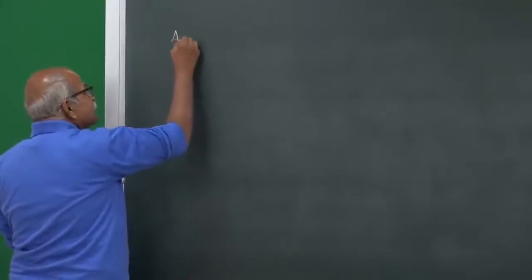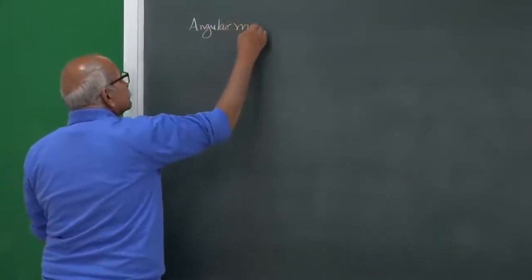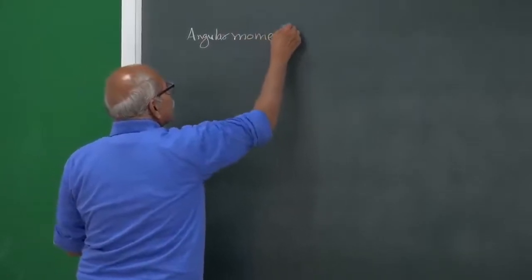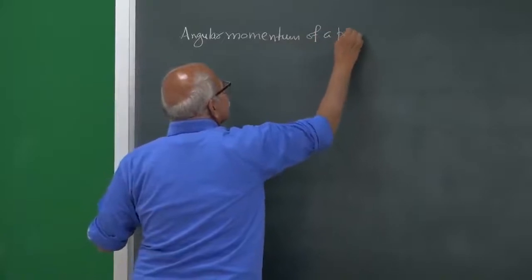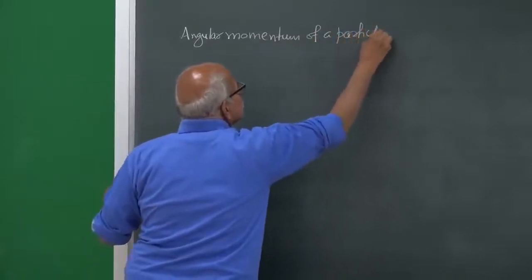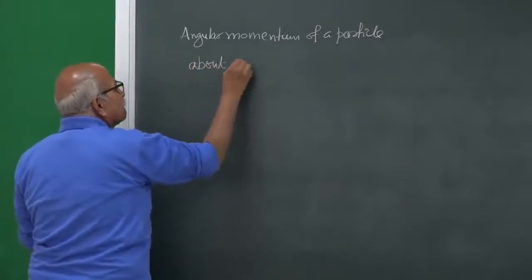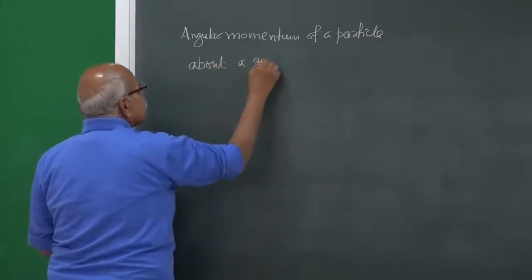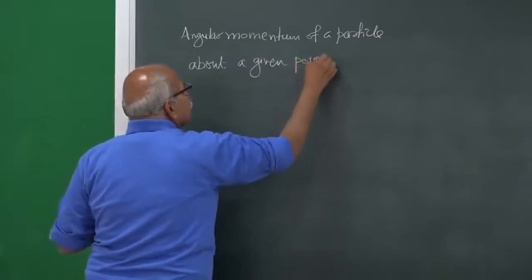The first thing is this: angular momentum of a particle about a given point, which I will call the origin.